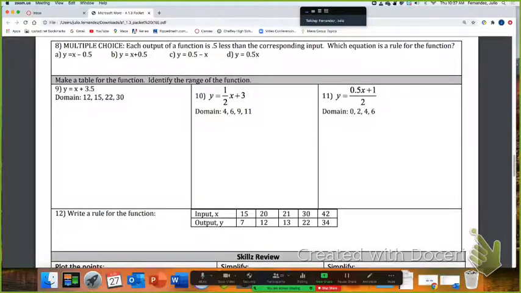Okay, so number 11 is very similar to the problems I showed you earlier today. We're going to create our table. And you have to recall that our domain is really our x's. So I'm going to draw in a table really quick.